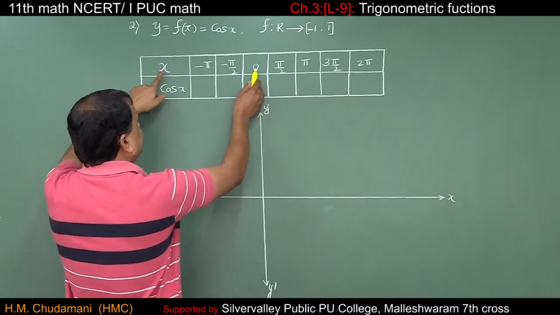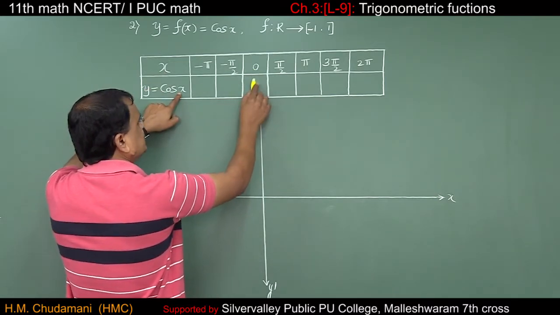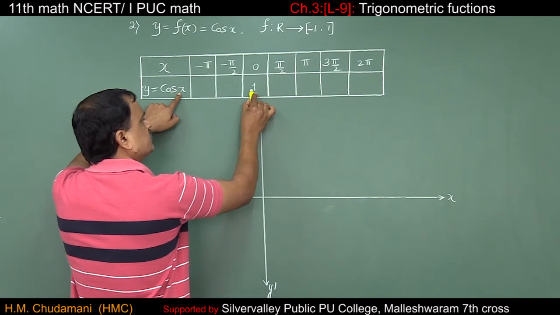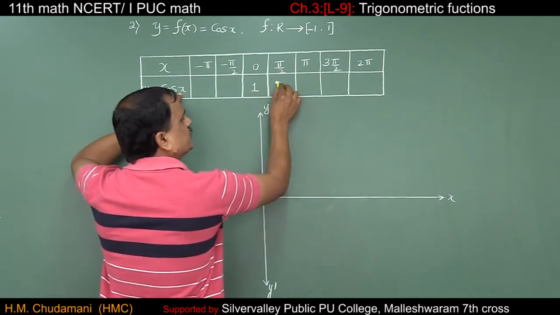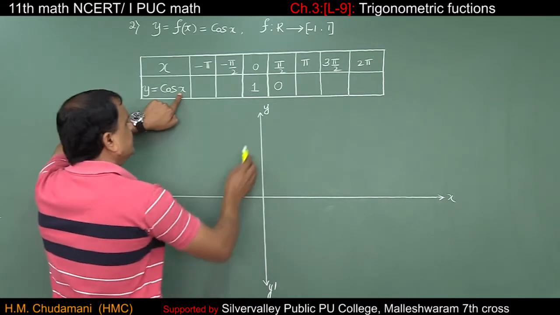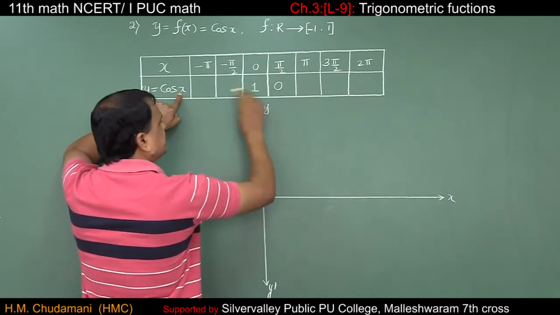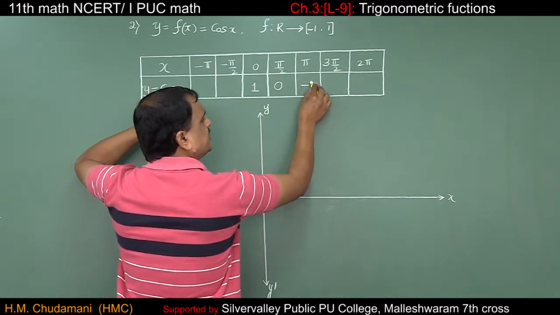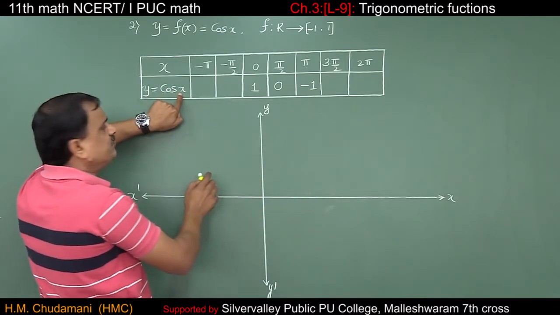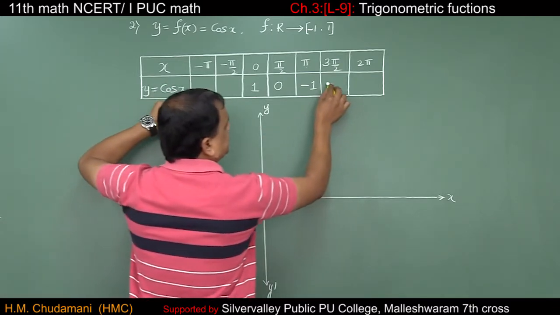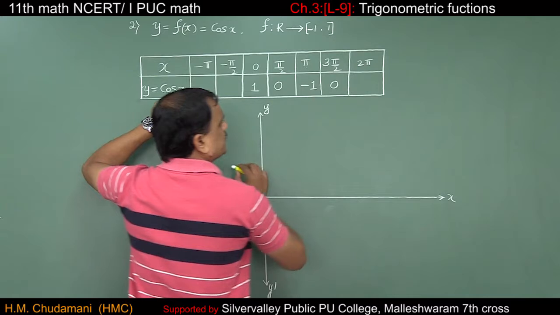Cos 0, if I select x as 0, cos 0 is 1. If I select x as pi by 2, cos pi by 2 is 0. Then x as pi means cos pi, cos 180 degree is minus 1. Then x as 3 pi by 2, cos 270 degree is 0.